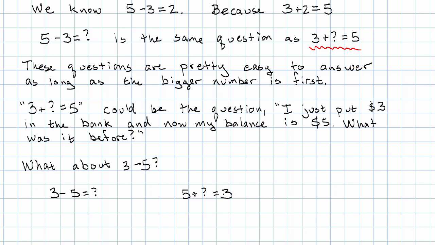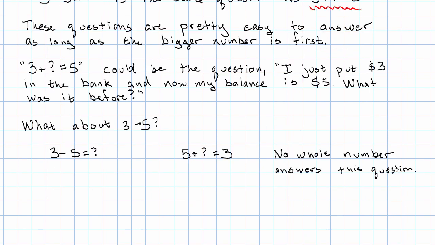None of the numbers that we have right now are capable of answering this question. Okay, so maybe it's just a question that doesn't have an answer. Why do we need to make things complicated?